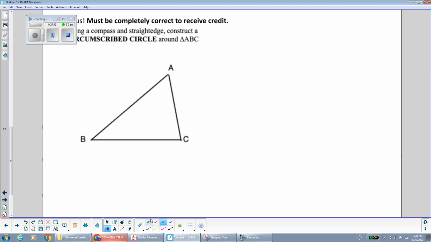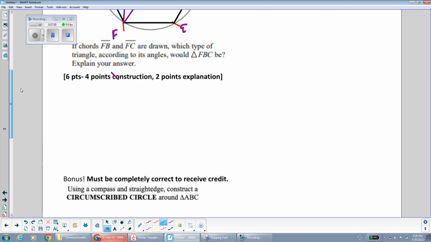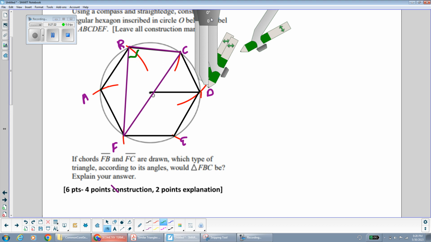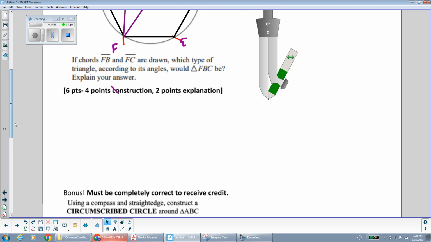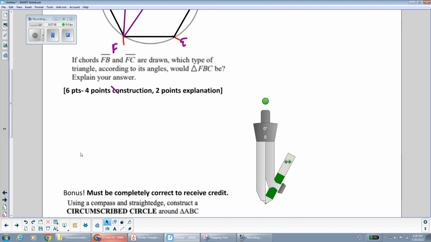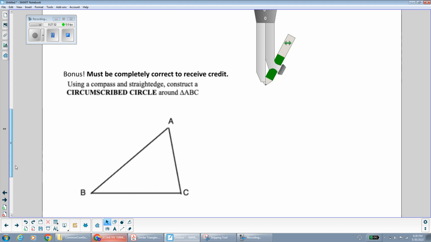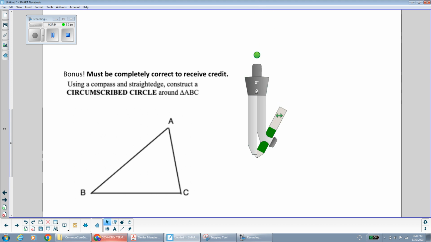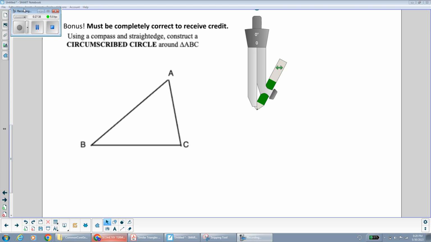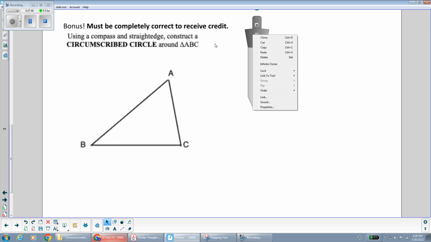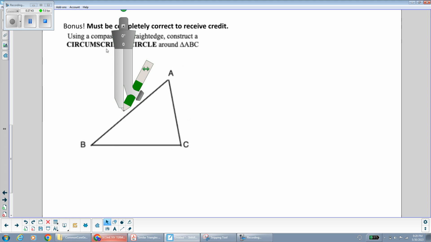So let me get my compass. And we're going to do some perpendicular bisectors. Okay, I'm going to do the perpendicular bisector of side BC first.